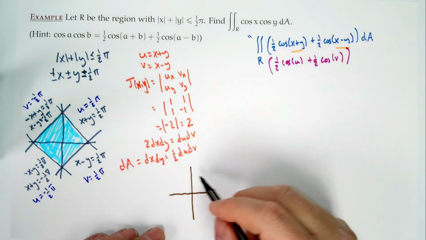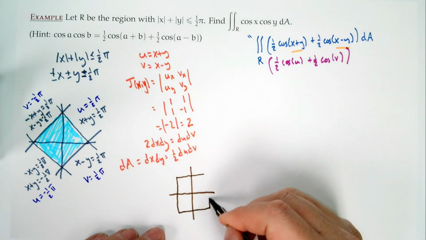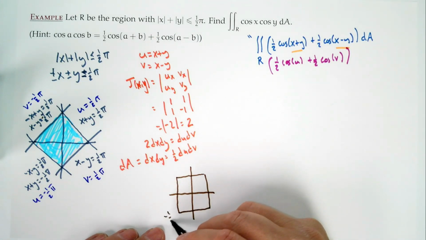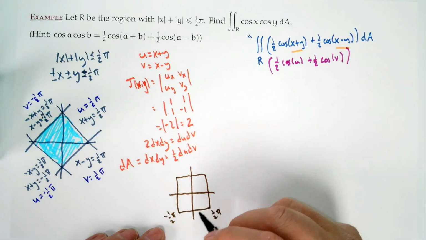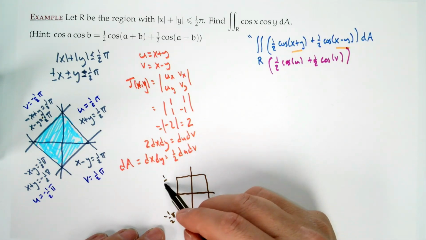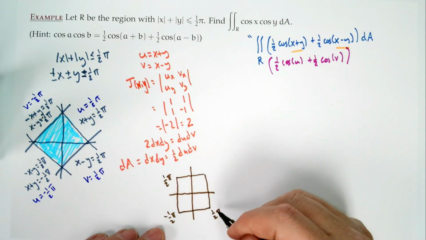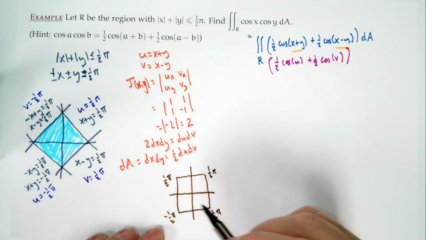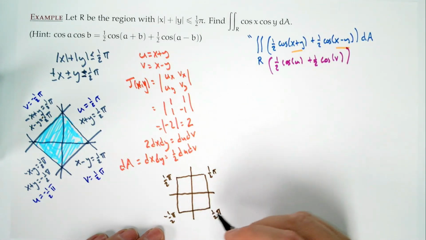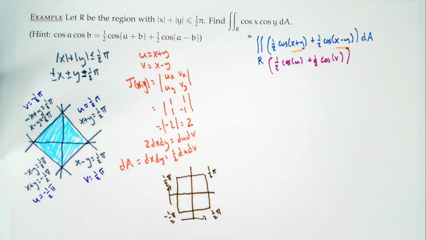So, what do we look like? We look like a square. So we're going from minus 1/2 pi to plus 1/2 pi in the x direction and also in the y direction. All right.